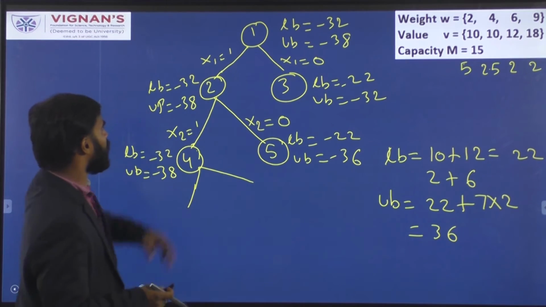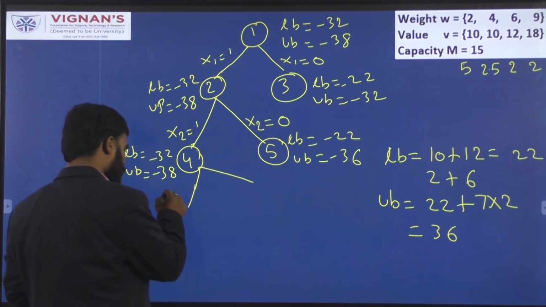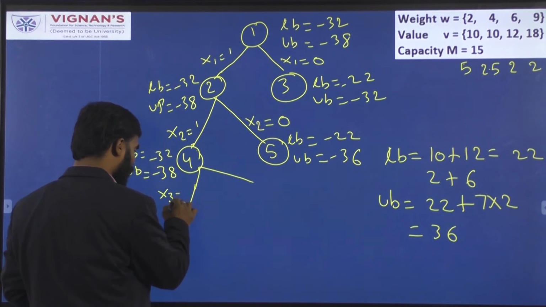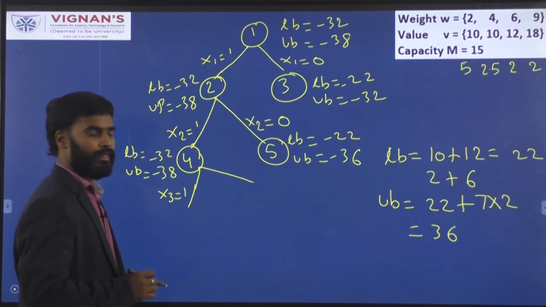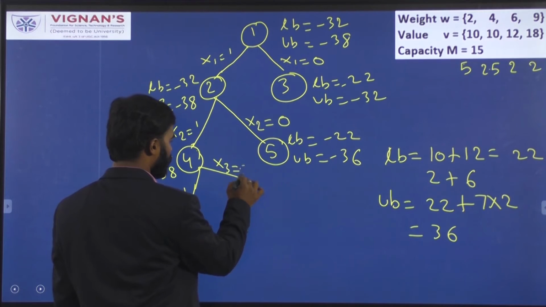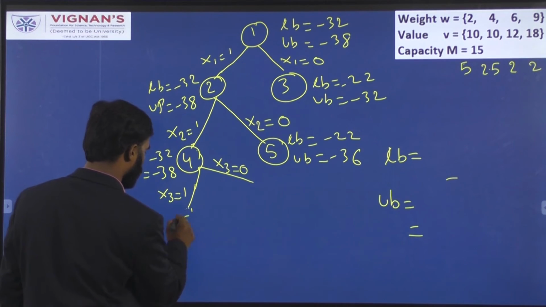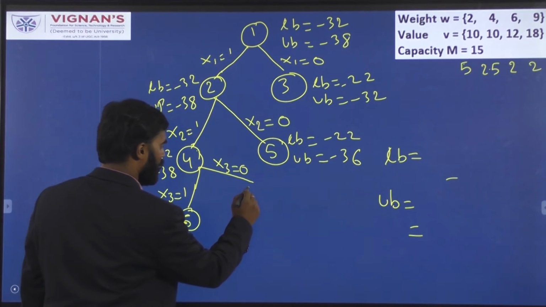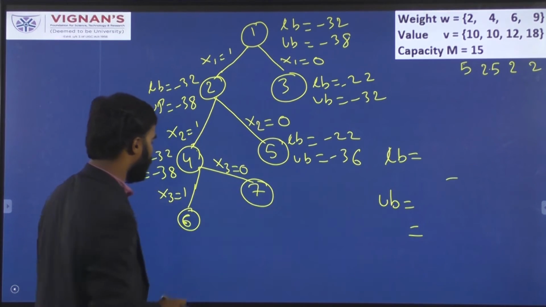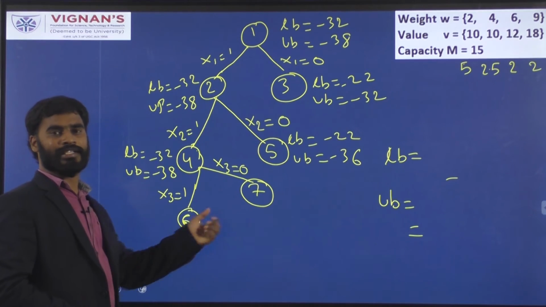So far I included item 1 and item 2, let's talk about item 3. What is the lower bound and upper bound if I include item 3, and if I don't include item 3? Let's say this is node 6 and this is node 7. So we are calculating lower bound and upper bound for nodes 6 and 7.